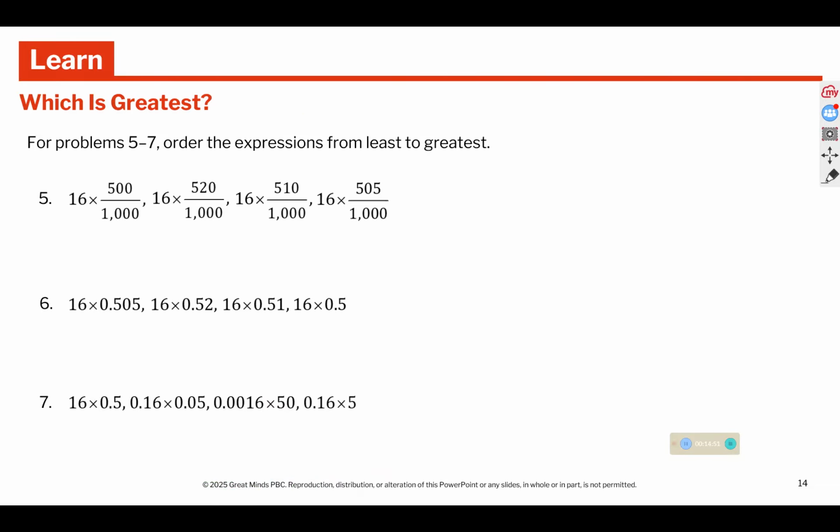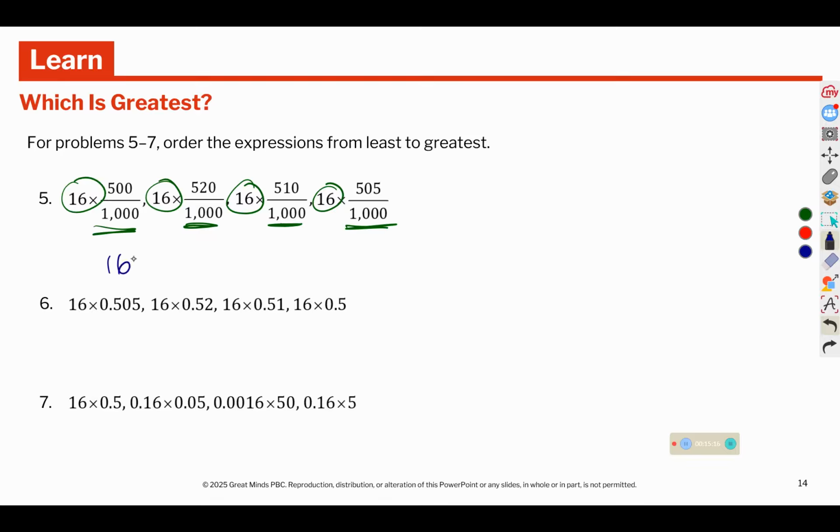For problem 5 and 7, order the expressions from least to greatest. All of them have a denominator of 1,000, and all of them are multiplied by 16. So the least is going to be the one with the lowest numerator, and the greatest is going to be the one with the greatest numerator.